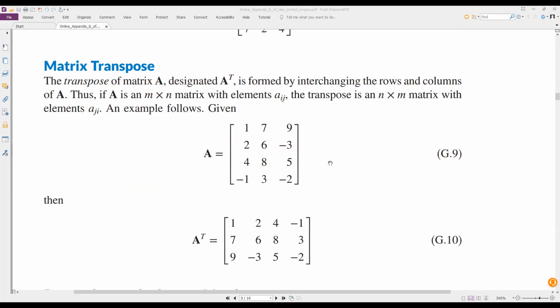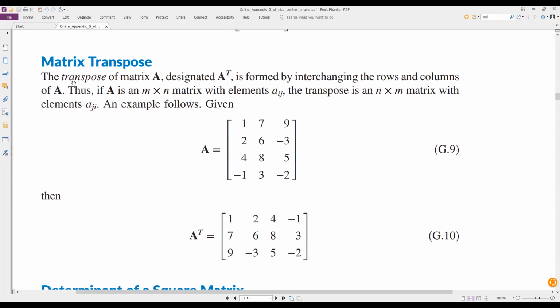Okay, matrix transpose. The transpose of a matrix A, designated as A to the power T, is formed by interchanging the rows and columns of A. So if you interchange the rows and columns of this matrix, then it will be the transpose matrix of A. That means column will become the row, row will become the column, whatever it is.